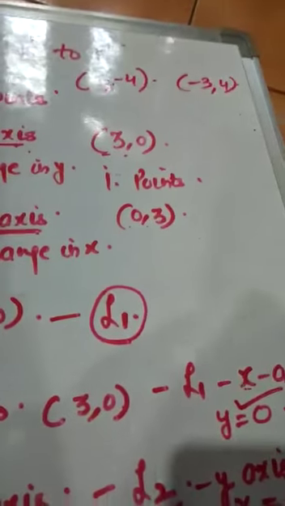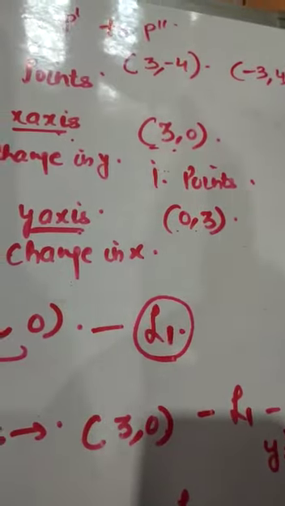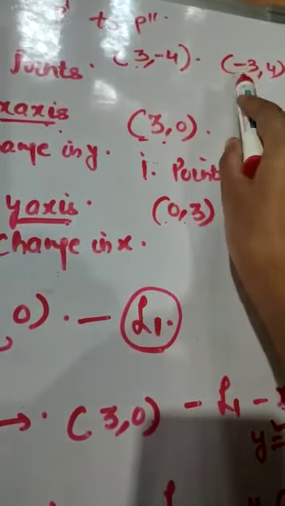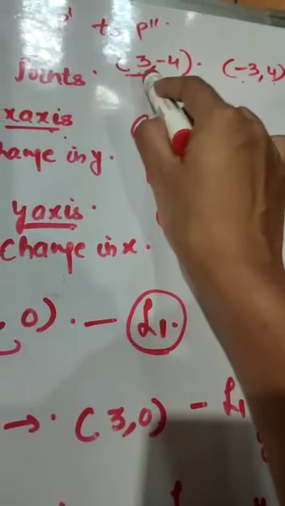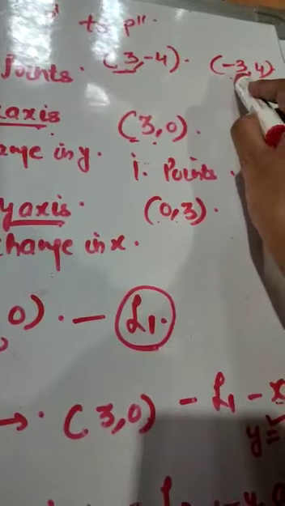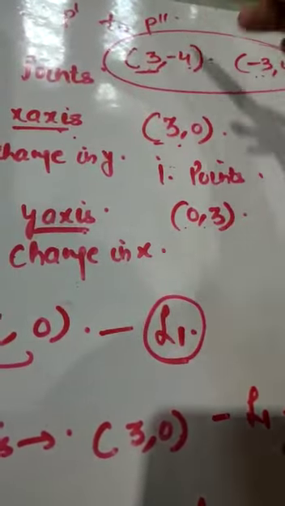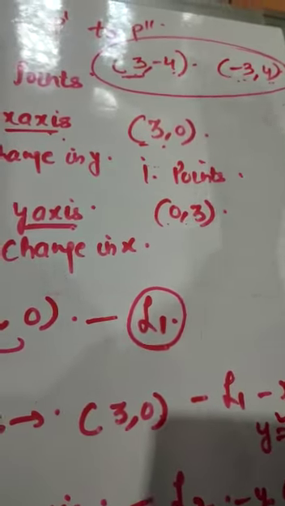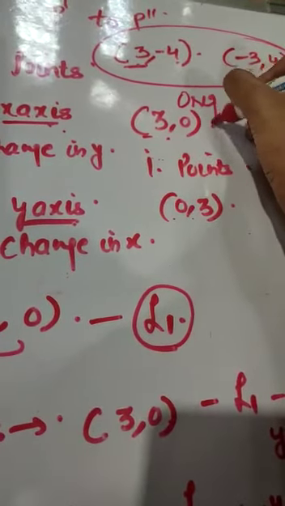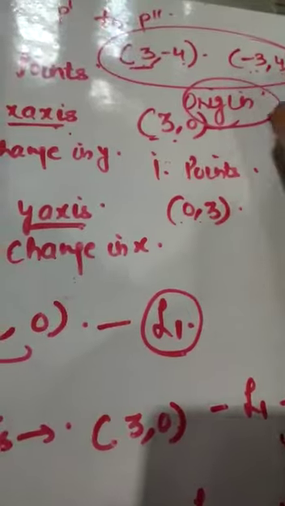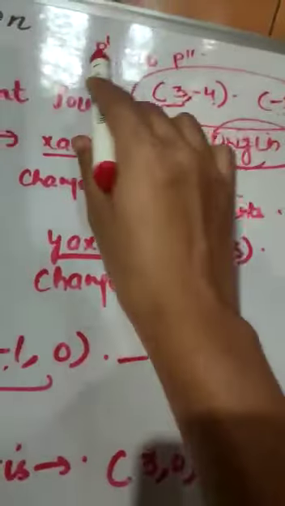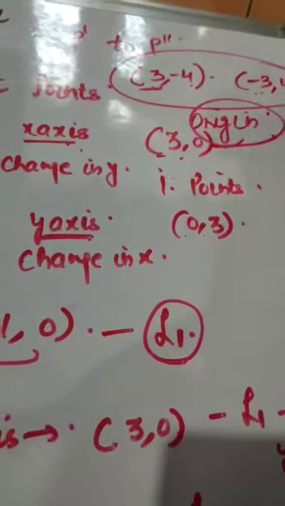Both coordinates are changed: 3 has become minus 3, minus 4 has become 4. If both are changed, it means the single transformation is the origin, from P dash to P double dash.